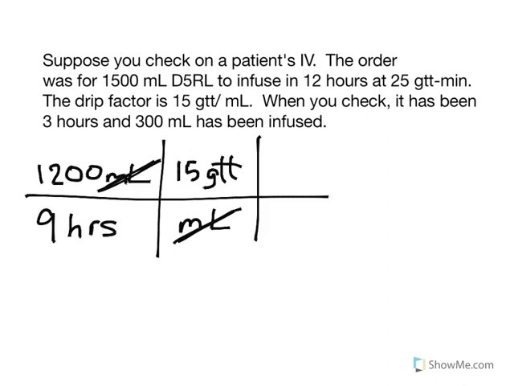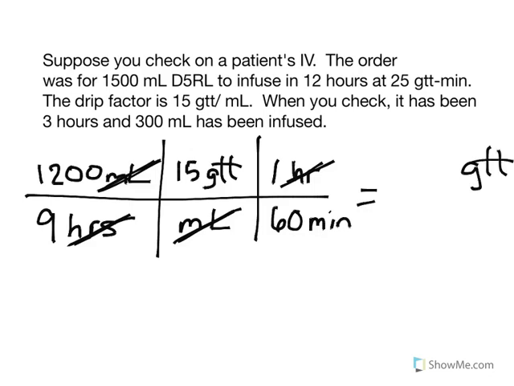I'm going to change my hours into minutes by using my conversion fact. 1 hour equals 60 minutes. My hours on bottom cancels with my hours on top. What I have left now is drops per minute, which I know is exactly what my flow rate should be in.